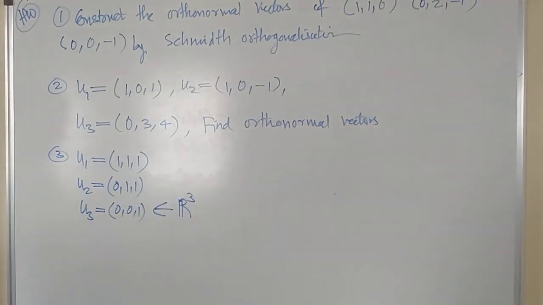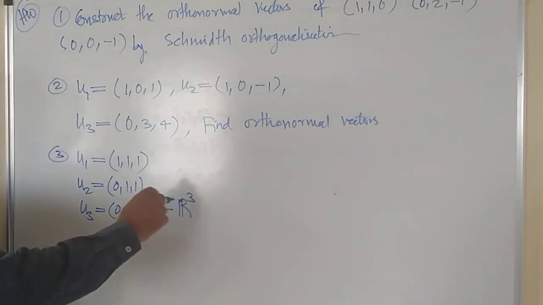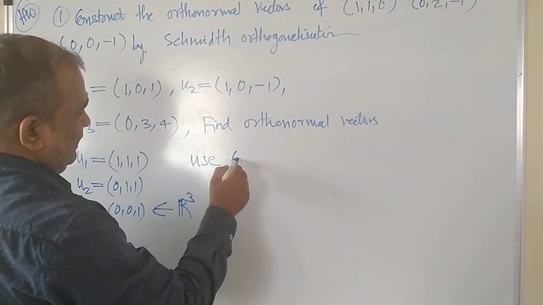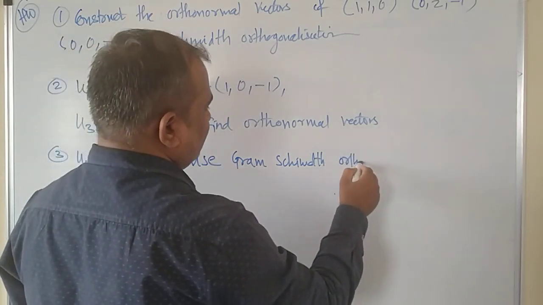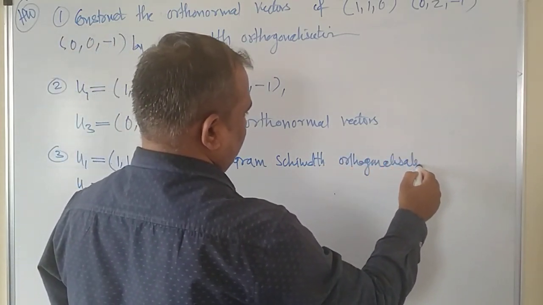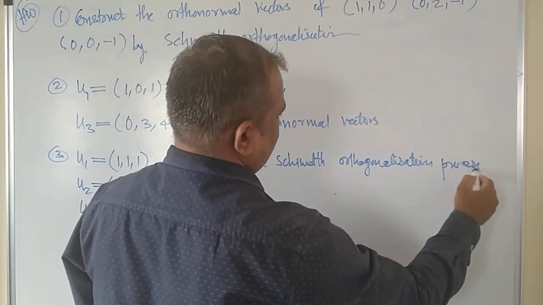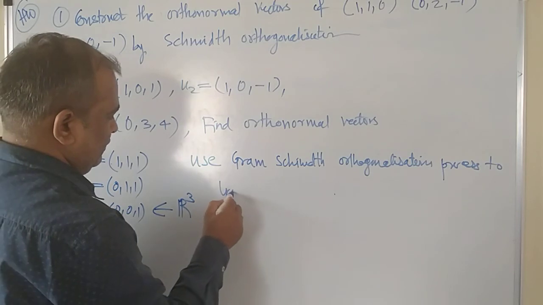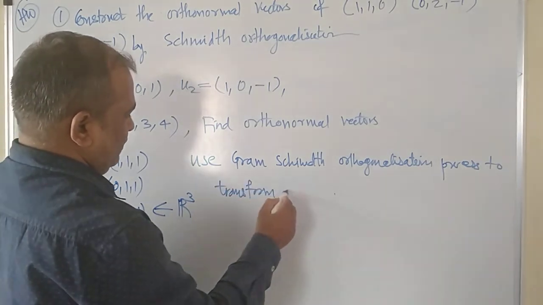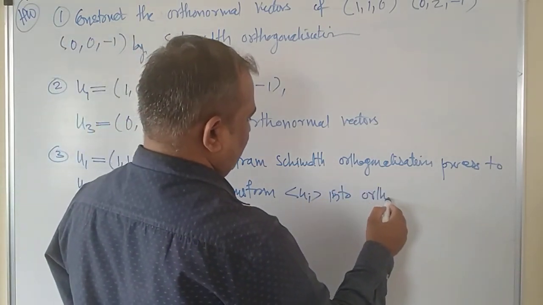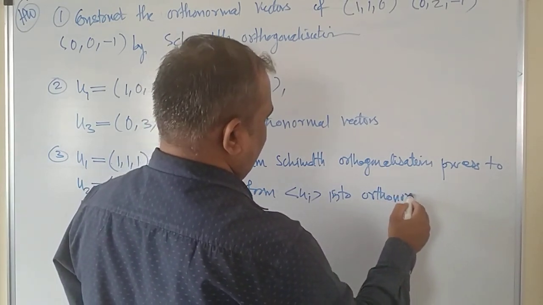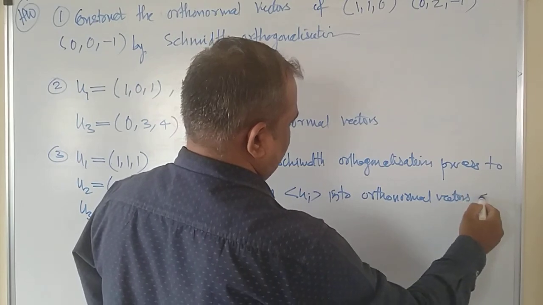And you are asked to use the Gram-Schmidt orthogonalization process to transform the set of vectors ui into orthonormal basis vectors vi.